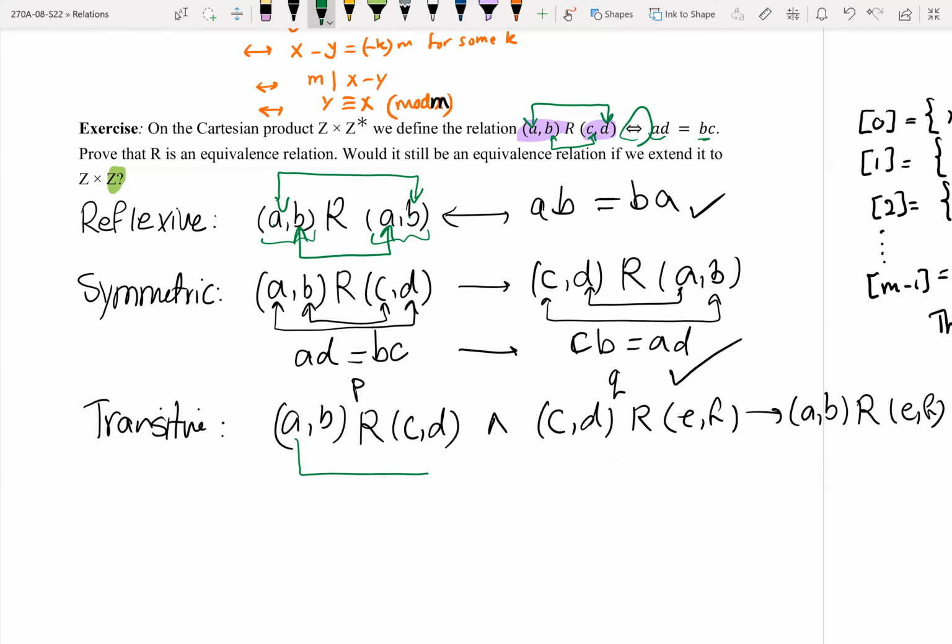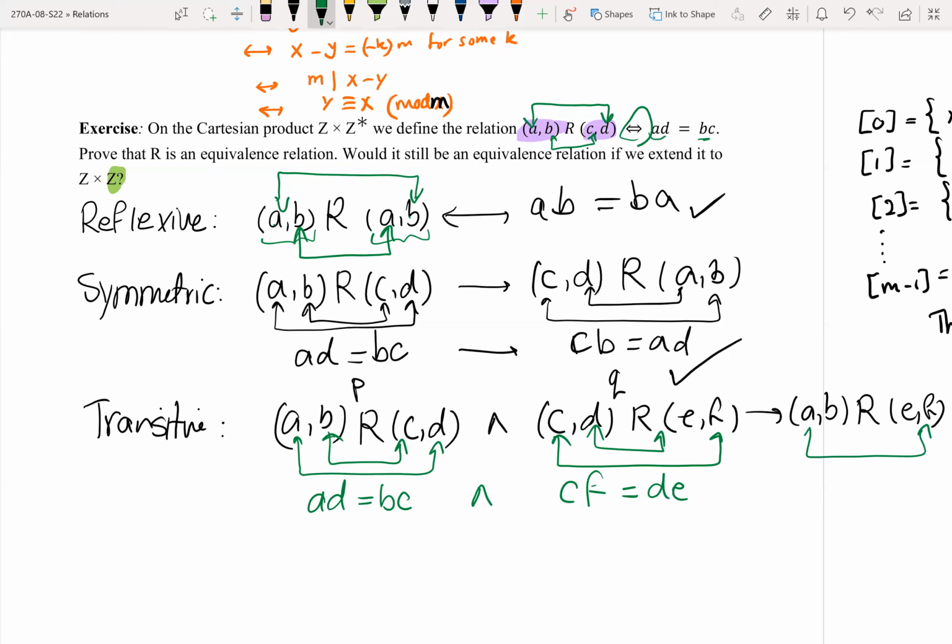This one is related because A times D has to be the same as B times C. This time, this one is related because the outers, C and F, have to be the same as the inners, which is D and E. And then what I need to show is A and F, B and E. So you have this P, or what we call the given or assumption.